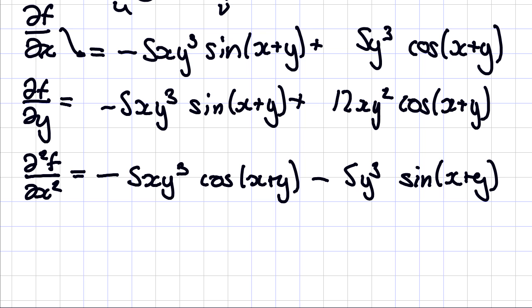Now we need to differentiate the second term, 5y cubed cos x plus y. No need to use a product rule here because the first term doesn't involve an x. So that just gives me 5y cubed stays where it is, and the differential of cos is minus sine.